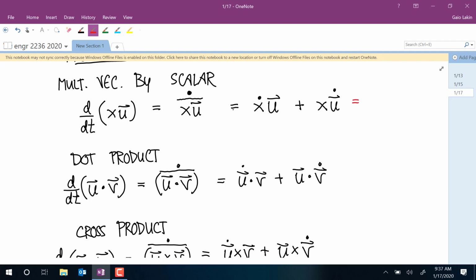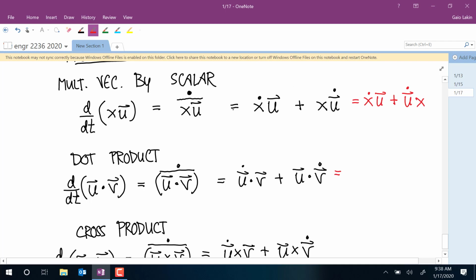You can think of that as x dot y plus x y dot, or, up until now, it hasn't mattered in the least if you thought about it as x dot y plus y dot x. And for all of these, that works. You can think of this one as x dot times the vector u plus u dot times the scalar x. That means the same thing.